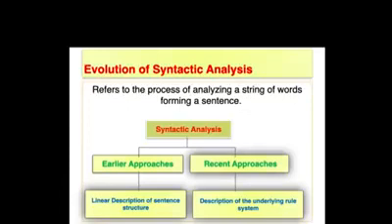It describes the underlying rule system by showing the hierarchy within a sentence. We are going to have a look at it in a few minutes. The hierarchy of the sentence shows what the constituents of a specific sentence are, in terms of words, phrases, verb phrases, noun phrases, what we call in general strings of words.